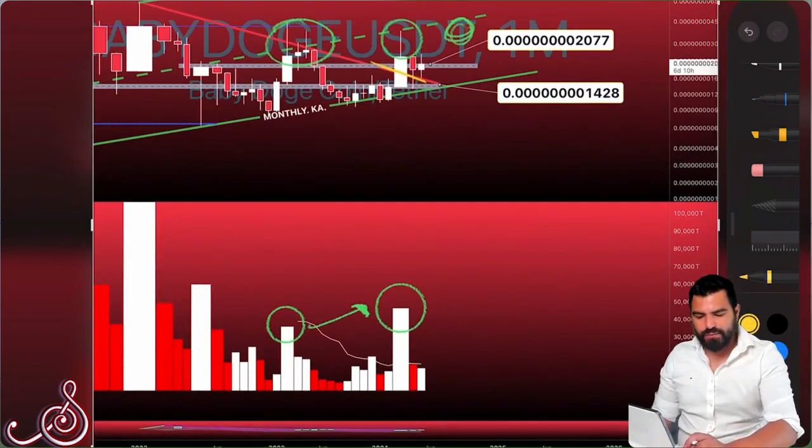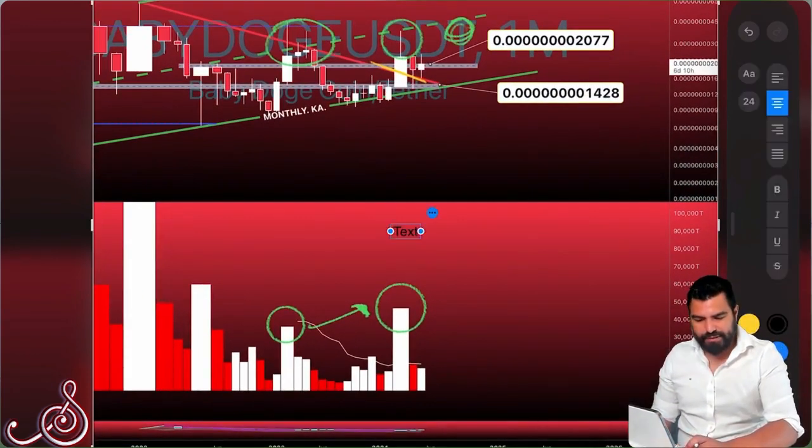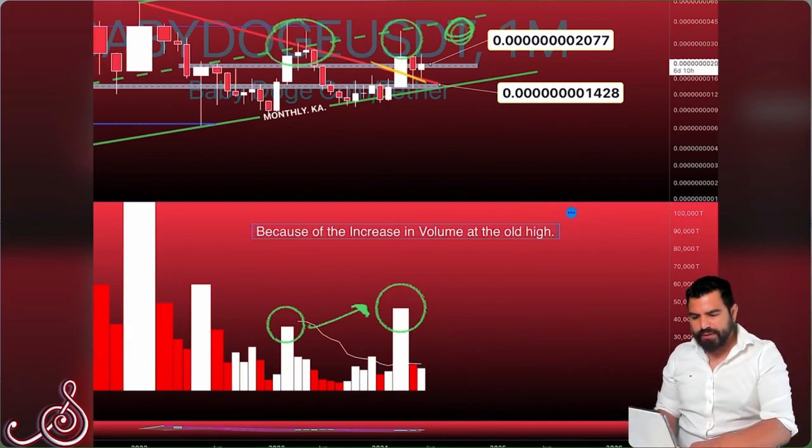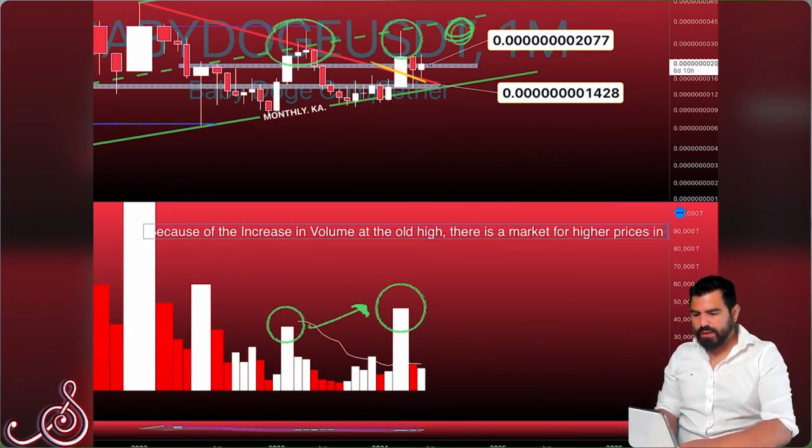Okay, so we can type in text. Because of the increase in volume at the old high, there is an incentive, there is a market for higher prices in this healthy area.